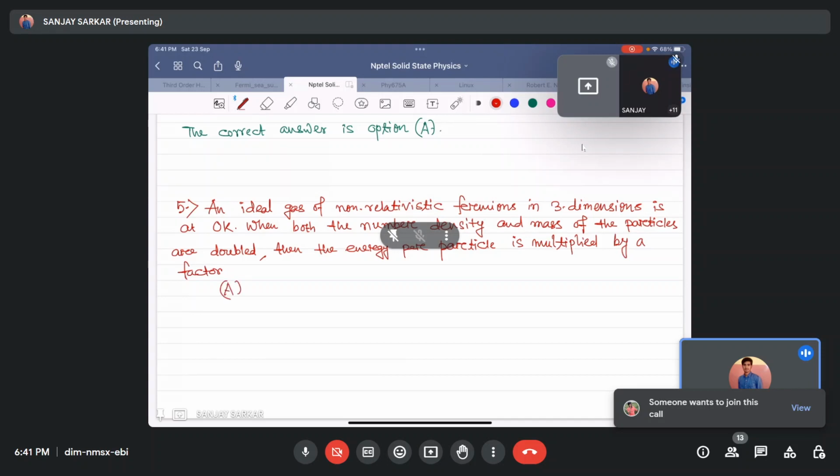Option A is 2 to the power half, option B is 1, option C is 2 to the power 1 by 3, and option D is 2 to the power minus 1 by 3.